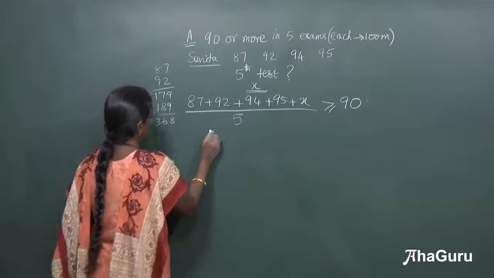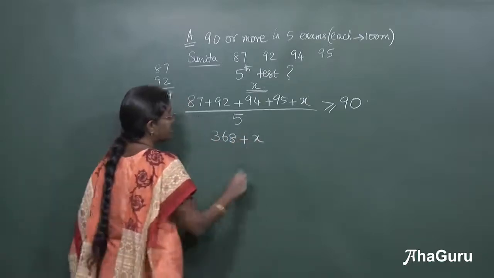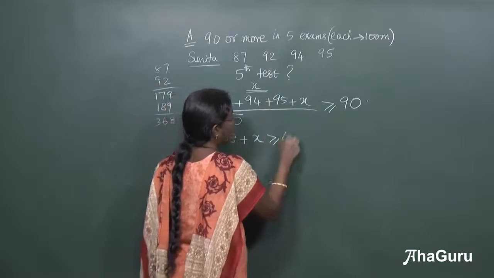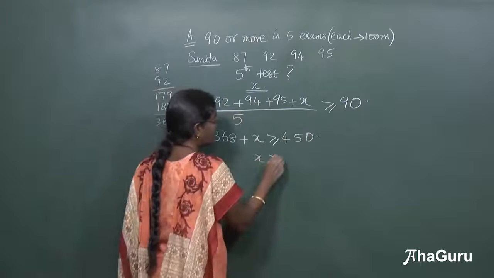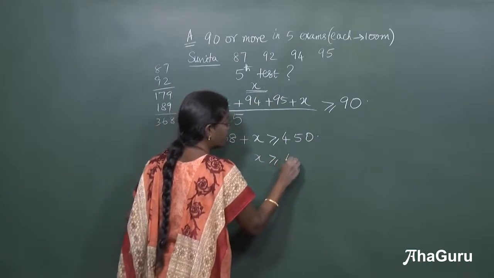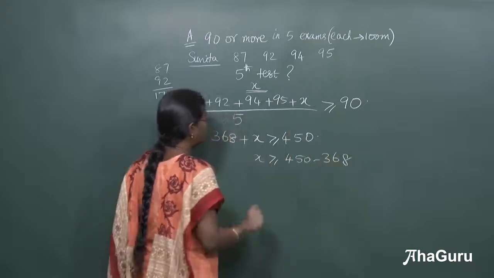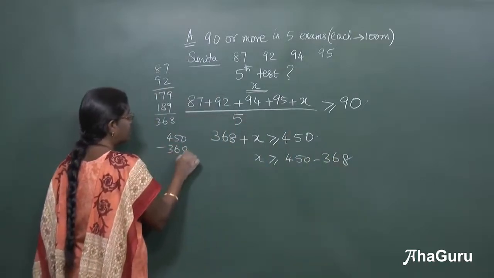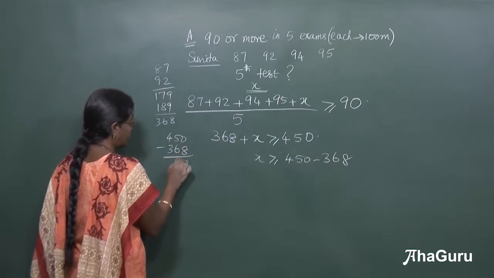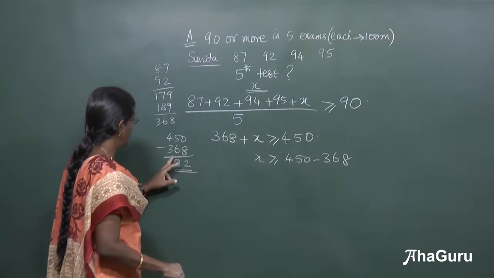Yeah. So, I get 368 plus x, the 5 take it to the other side, it will become 450. So, this x now should be greater than or equal to 450 minus 368. So, this is going to be 82.